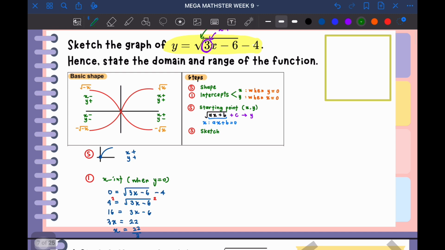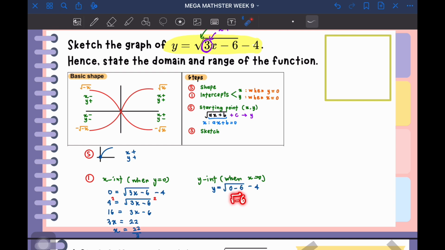Okay, and then moving on to y-intercept. Y-intercept is when x is equal to 0. So we will have y is equal to square root of 0 minus 6, minus 4. Okay, as you can see over here, you will have a negative number inside your square root, which is negative 6.